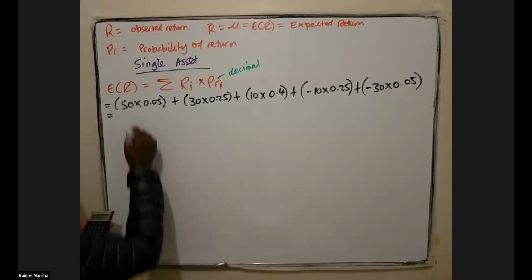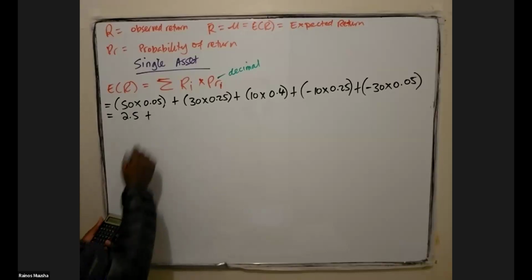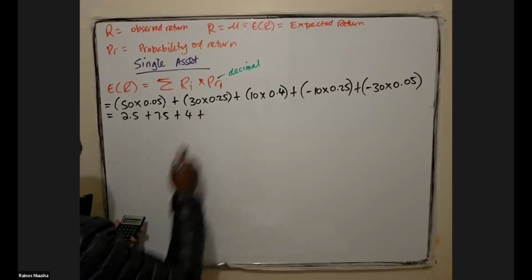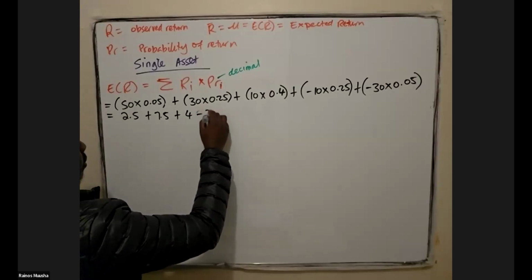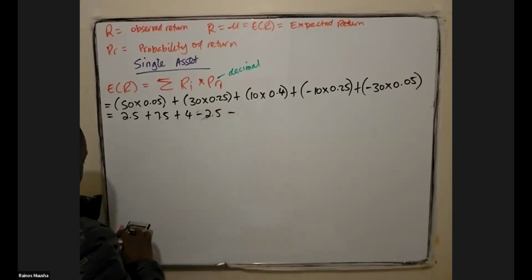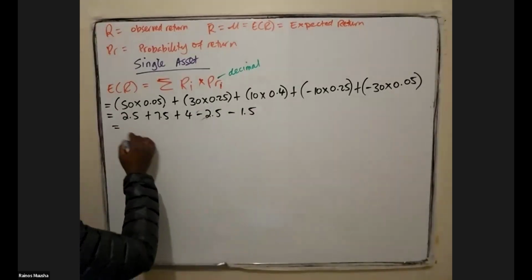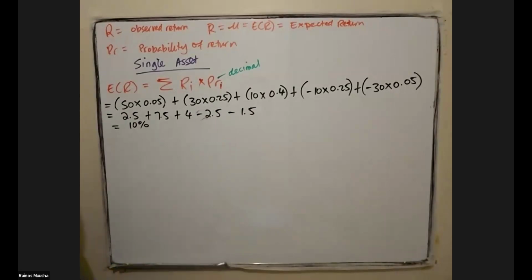So for the first calculation, you should be able to get 2.5 plus 7.5 plus 4 plus minus 2.5 minus 1.5, which should give you 10% being the expected return. Are we on the same page? Any questions? Anyone lost?